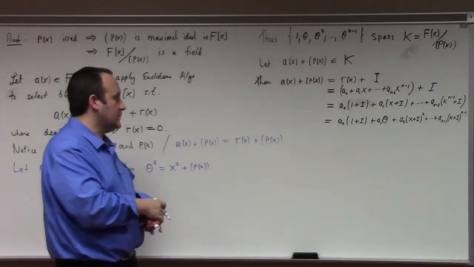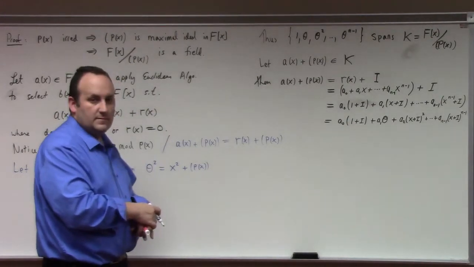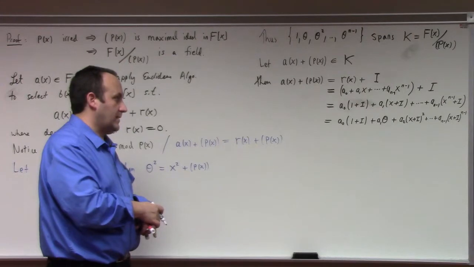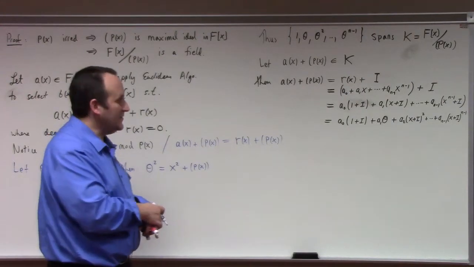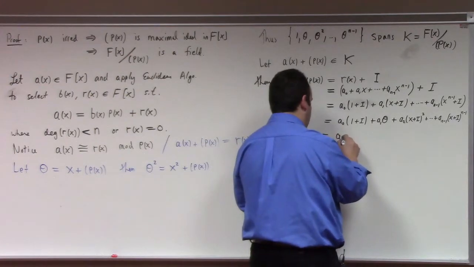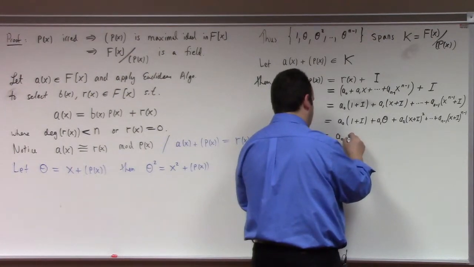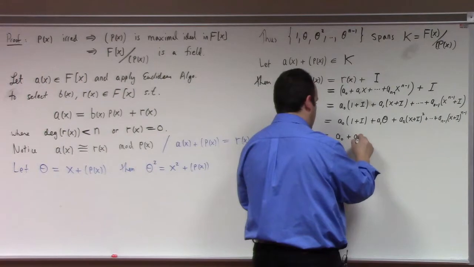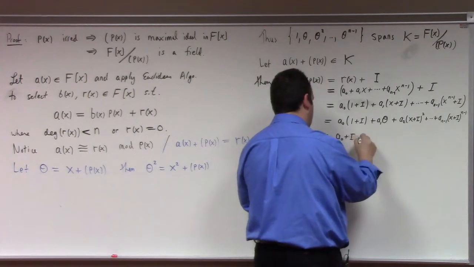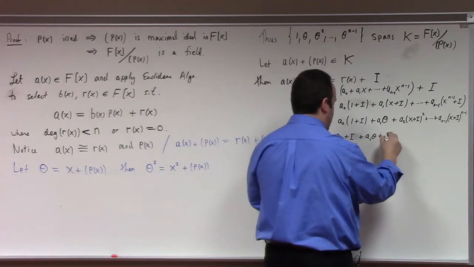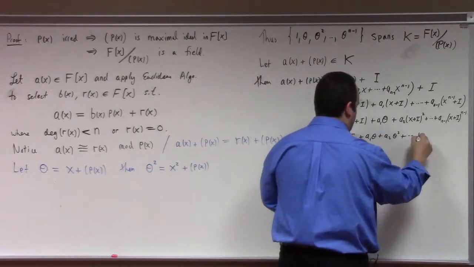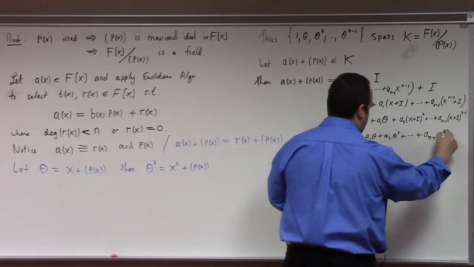If you don't believe it, work it out. Anyway, so what you're looking at then is a0 plus I, plus a1 theta plus a2 theta squared, and so on, plus a_{n-1} theta to the n minus 1.